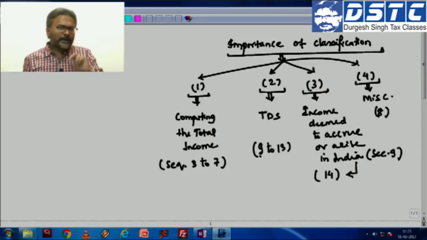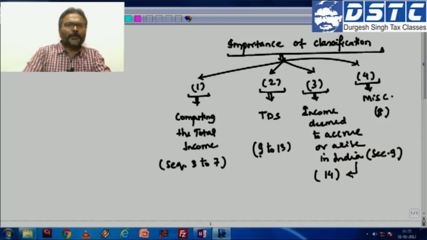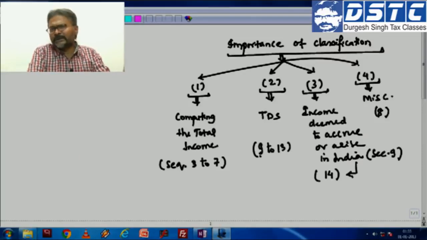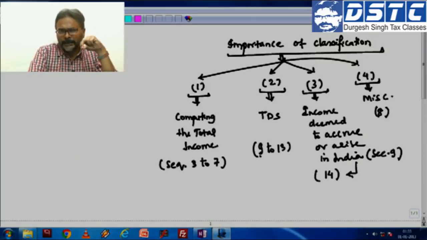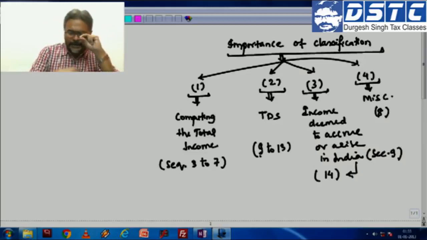In this context, students, the question that came up was, will the rental income being earned be charged under the head house property or under the head PGBP?